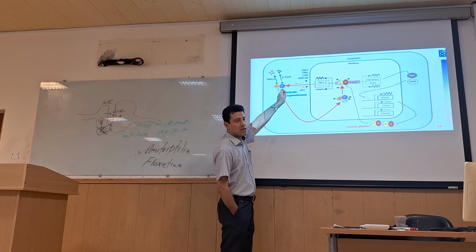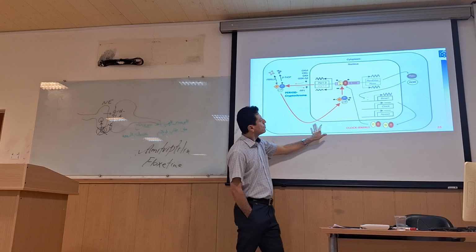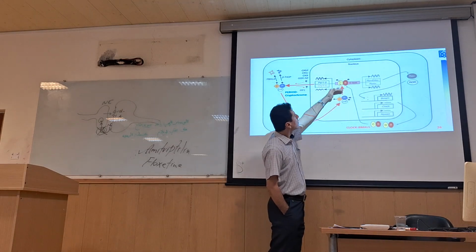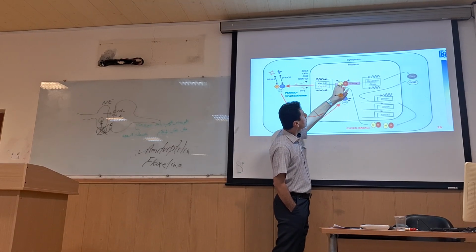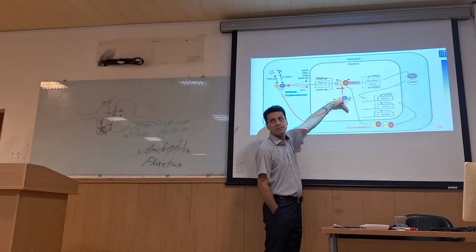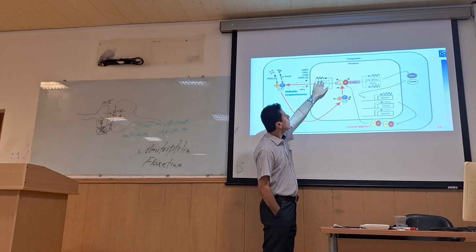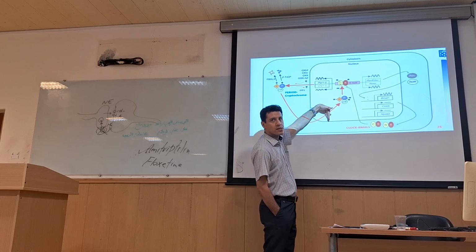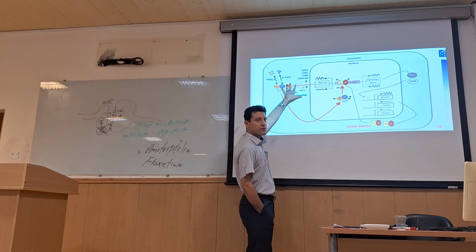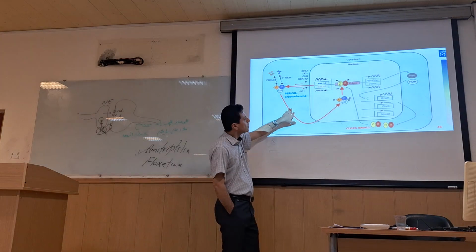They make another dimer, return to the nucleus, and they cause dissociation of these two from the genome. Right? What is the result? mRNA for these decreases. This protein decreases.